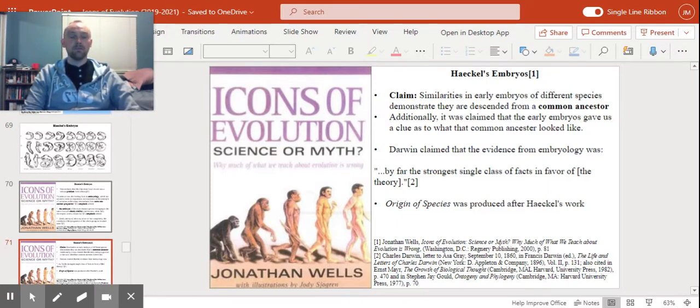So these are the claims made by Darwin based on these drawings from around Darwin's time by Haeckel that are supposed to be different embryos at different stages of development of different creatures, showing presumably that they all look the same or very similar at the earliest stages of development. He goes on to say, this is by far the strongest single class of facts in favor of the theory. So Origin of Species was produced after Haeckel's work.